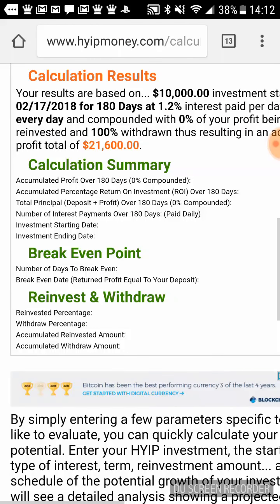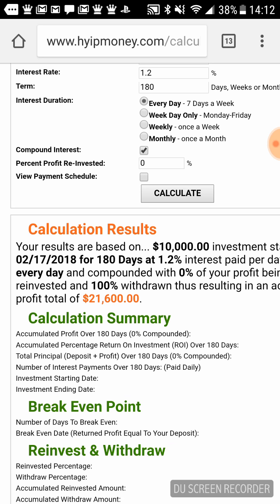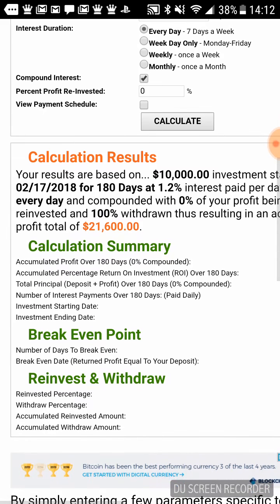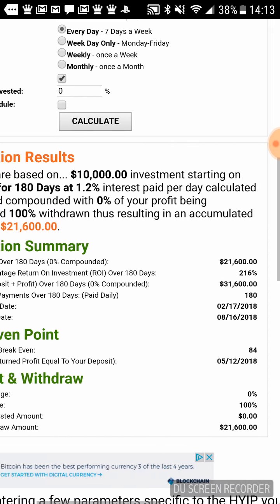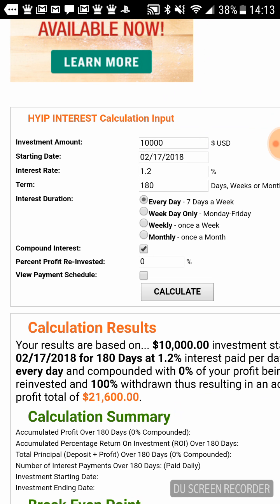Most of my investing so far has been in cloud mining and stuff like that, where capital release just doesn't really happen. So there are the numbers for just straight up withdrawing 100% of your money every day.